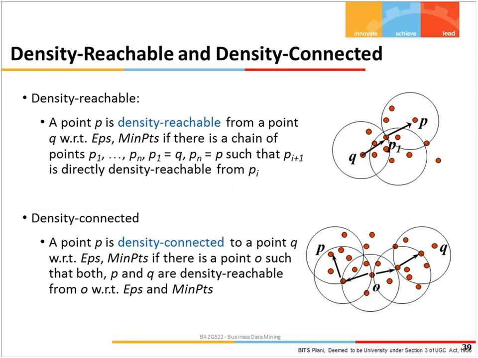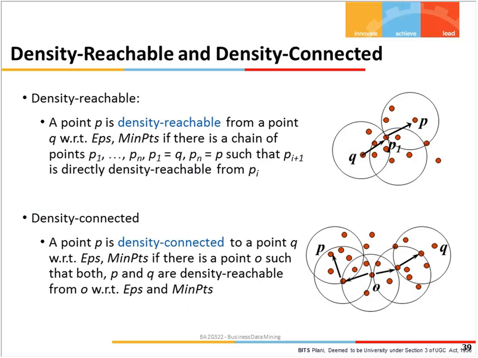So we are trying to connect P as density reachable from Q. Let's say Q is P1. Then we look at P2 such that P2 is directly density reachable from P1. Then P3 is directly density reachable from P2, and so on.